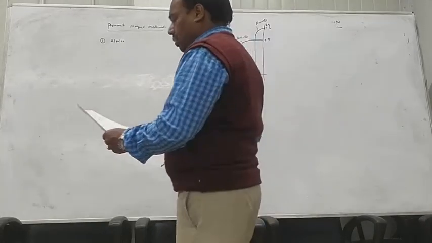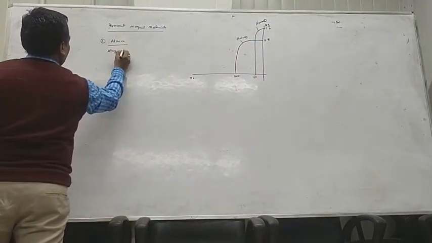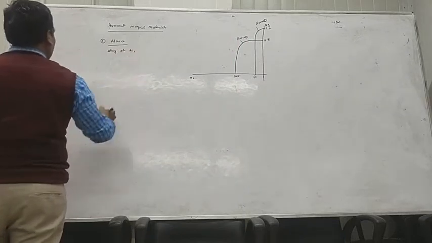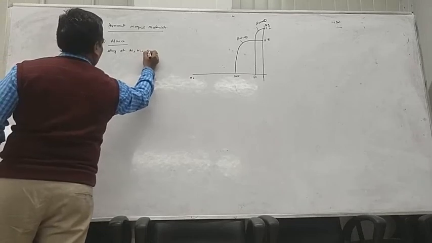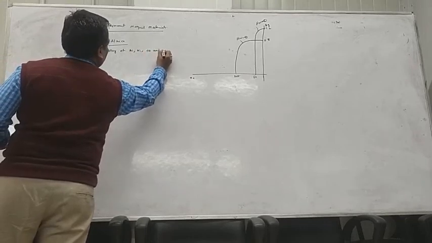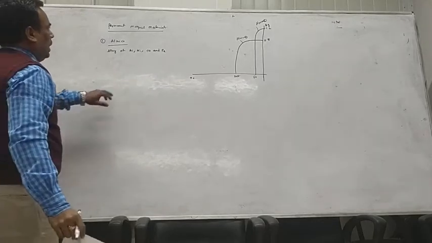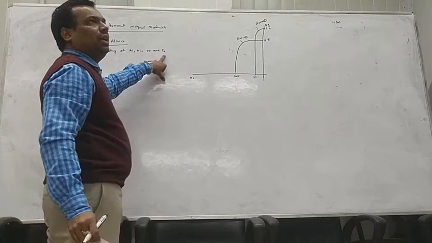Alnico is an alloy of aluminium, nickel, cobalt and iron. It is an alloy of Al, Ni, cobalt and iron material.